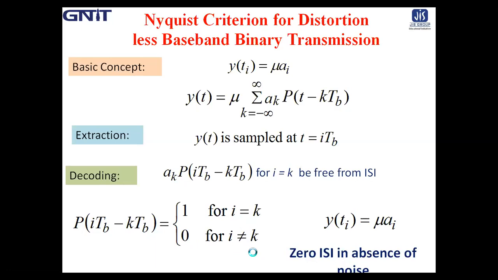So if p(t), the received pulse, satisfies the above expression, then the receiver output reduces to y(t_i) equal to mu times a_i, which indicates zero ISI in absence of noise. So this is the mathematical expression for indicating zero ISI in absence of noise.